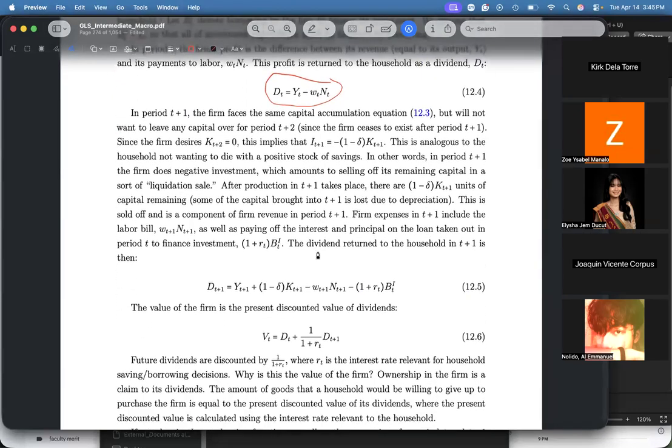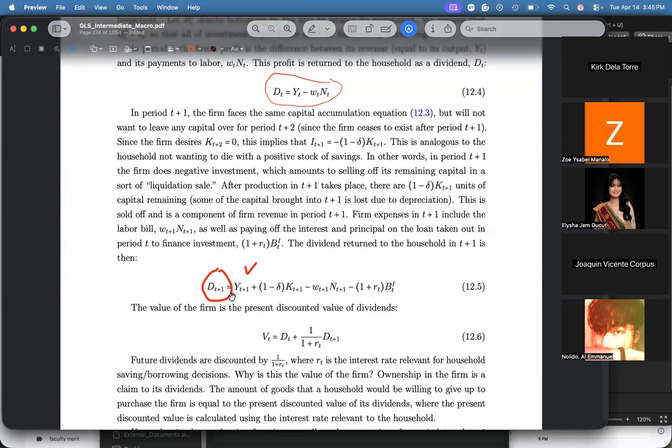So in the future, your dividend return to the household will be now the following. Okay. The DT+1 here, right? This DT+1. This is your income of the household. Ano yung sources ng income ng household, guys? What's the first one? What's the first element here?